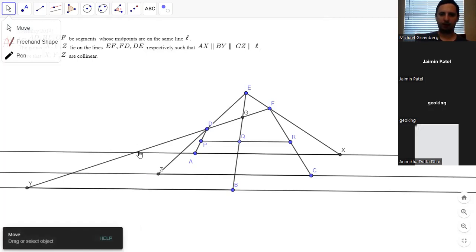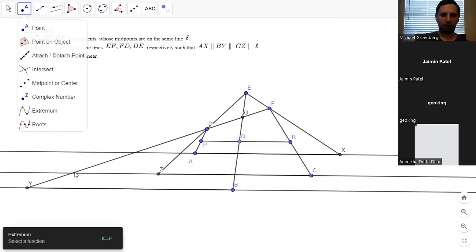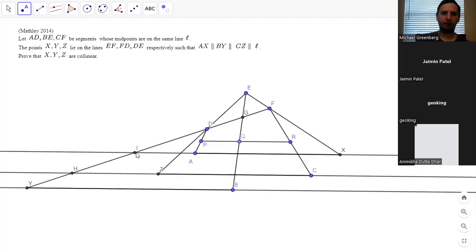I let it intersect here or something. So yeah, I could try to show YH over HZ equals YI over IX.